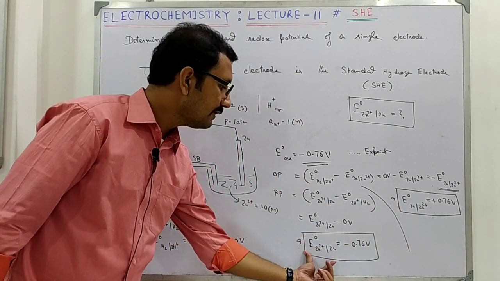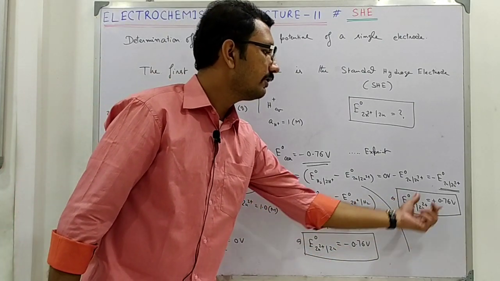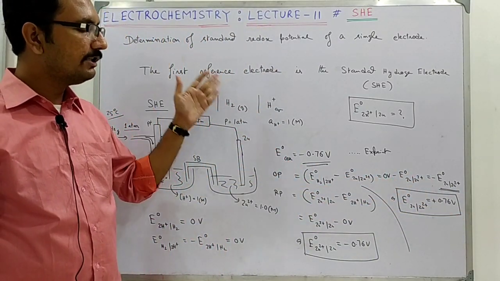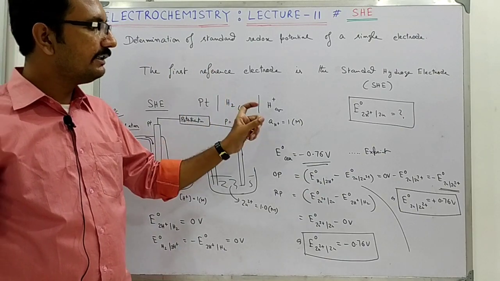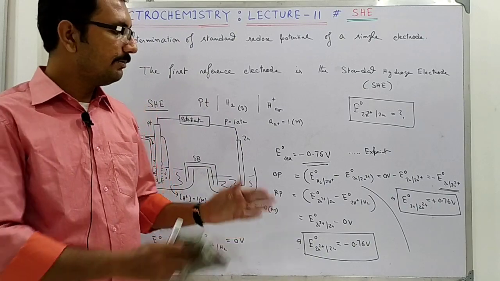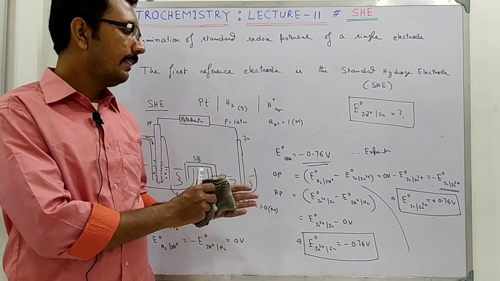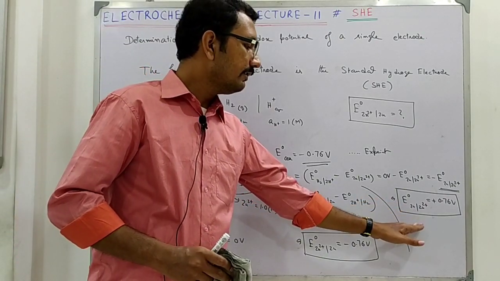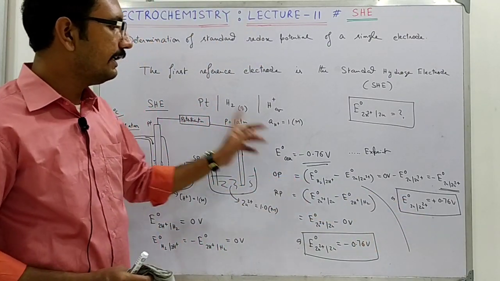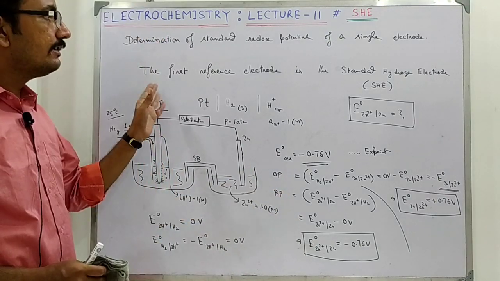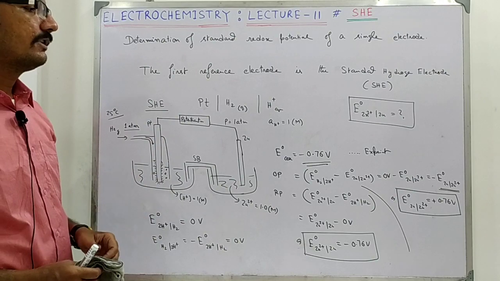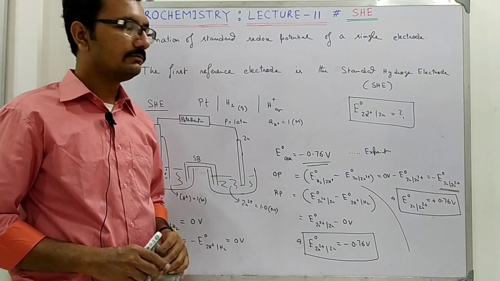So this is the reduction potential, it is minus, it is the oxidation potential, it is plus. Now you can recall the previous numerical problems, where it was given that the oxidation potential of zinc is plus 0.76 volt, or I have used these values in the Daniell cell, and there I have told you that I will show you how to determine the values. So this is the way to determine the standard reduction potential or oxidation potential of any half cell.